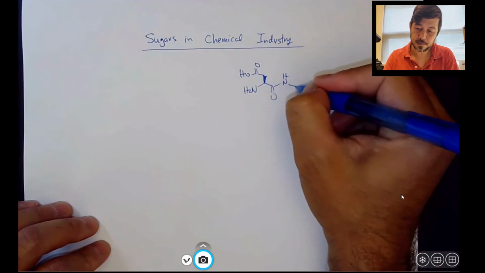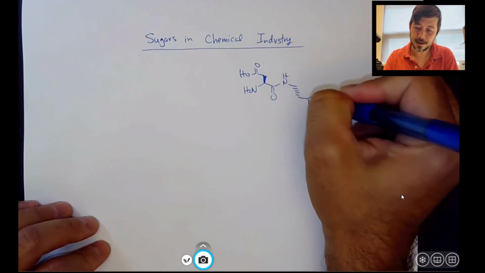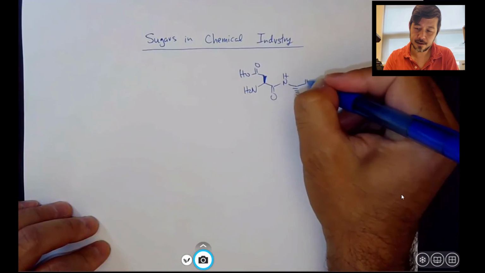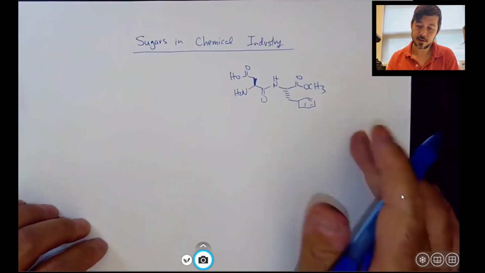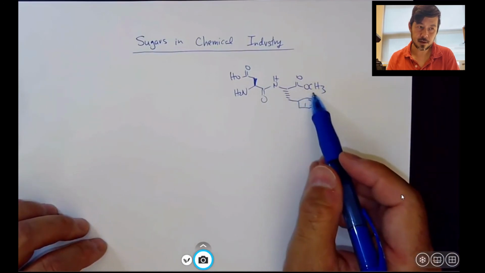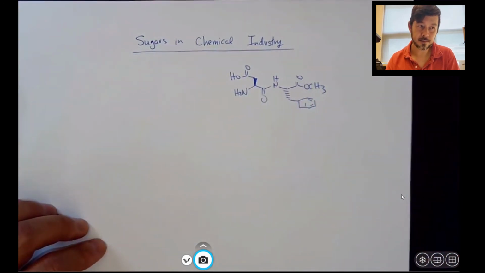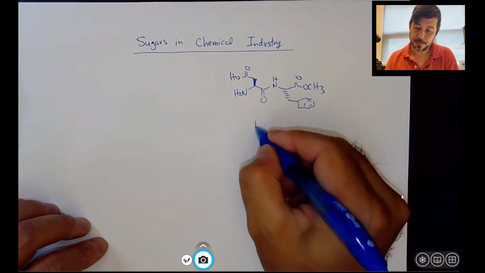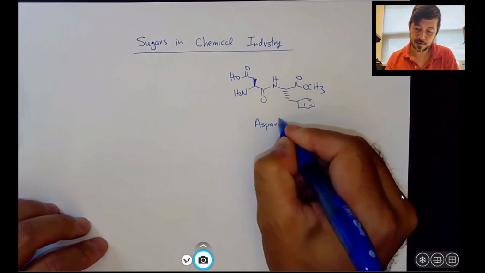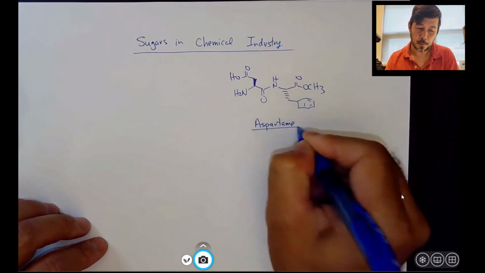but is actually a dipeptide. This molecule here is a dipeptide with a methyl ester. It's called aspartame, and aspartame is found in things like Diet Coke and other drinks.